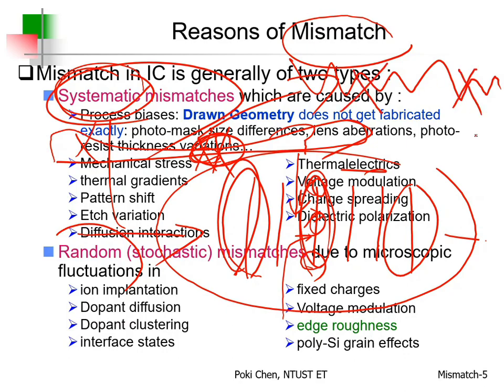Don't tell me you are thicker or thinner than me. No, on average, we are the same. But to the detail value, who knows? Because we need to face such kind of roughness. It happens randomly, right? So you need to face random mismatch. All right? That's it.